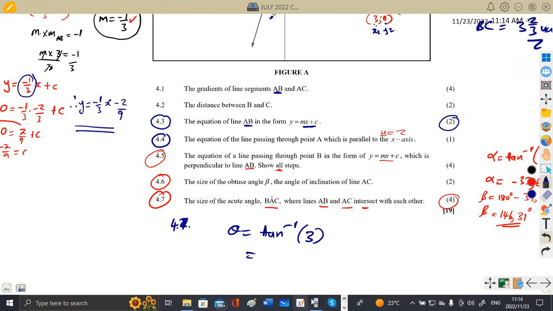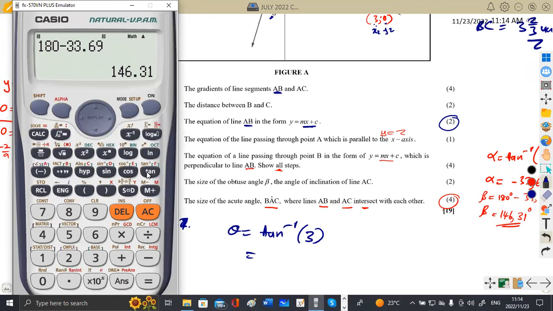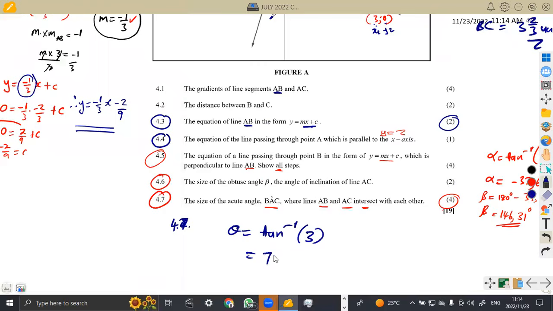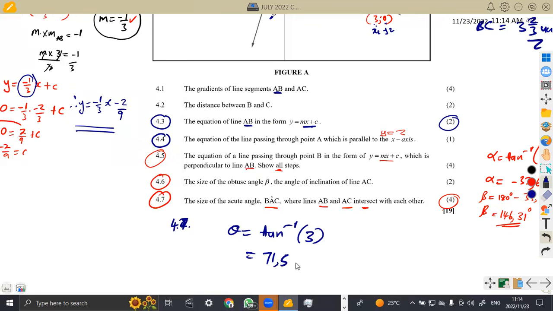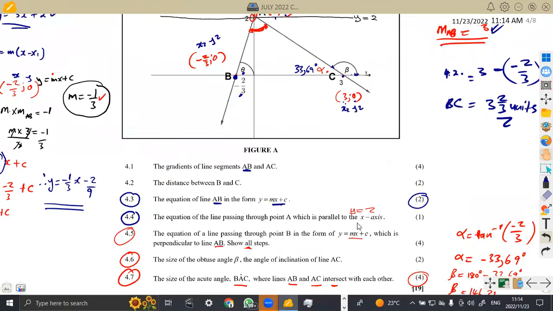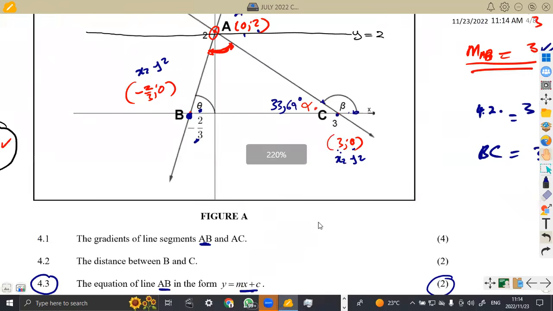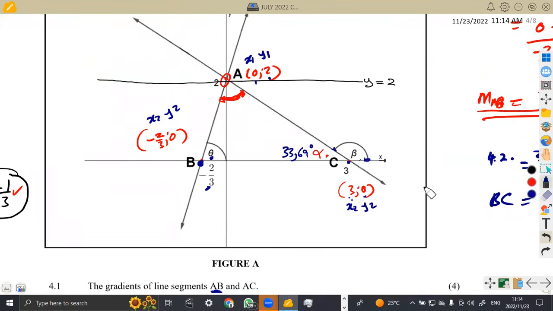From our calculator, shift tan 3 is going to give us 71.565 degrees. We have 71.565 degrees as our theta. I'm going to indicate on the diagram where we have our 71.565 here so that we can understand each other.